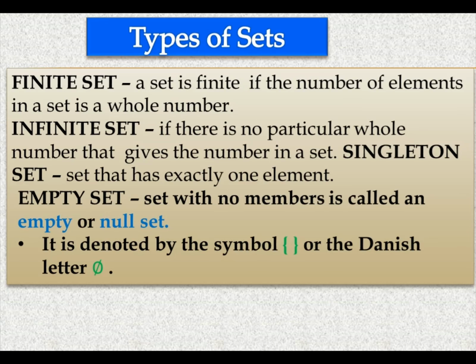Infinite set, if there is no particular whole number that gives the number of elements in a set. Singleton set, the set has exactly one element. Empty set, a set with no members, is called an empty set or null set. It is denoted by the symbol braces { } or the Danish letter ∅.